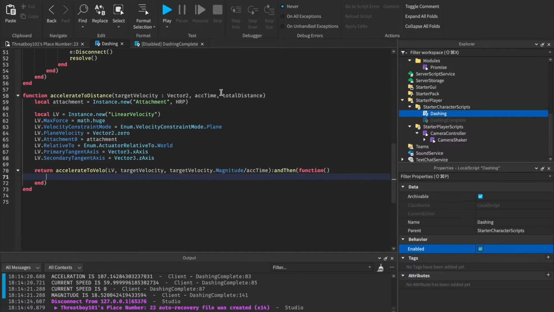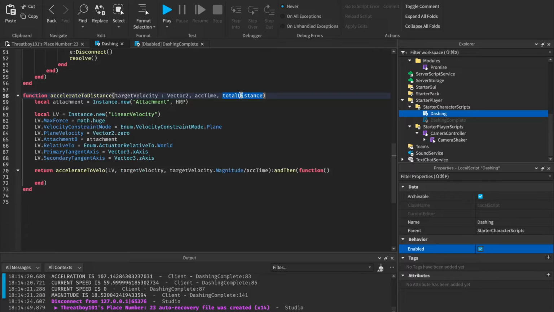But recall I mentioned that we want to travel a distance of total distance over the course of our dash. So essentially, we first need to figure out how much distance is left, right? Because we covered some ground going from 0 to target velocity. And so we want to figure out how much distance is left for us to decelerate from target velocity to 0.